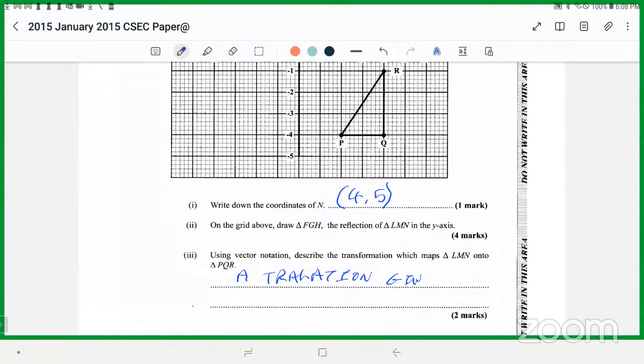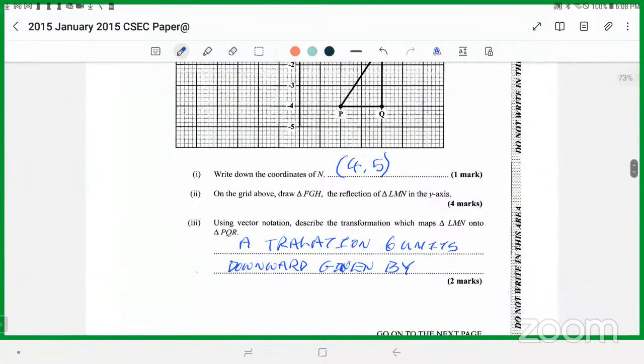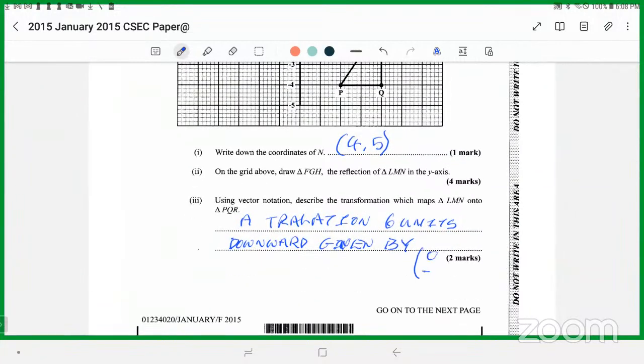So see here, it's a translation given by, I can say a translation 6 units downwards, given by the matrix 0, -6.